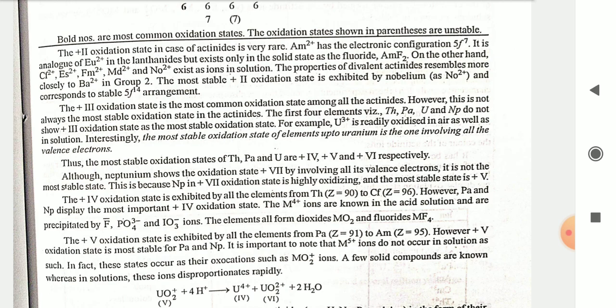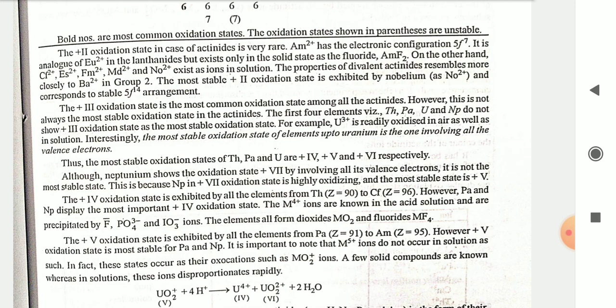For example, U3+ is readily oxidized in air as well as in solution. Interestingly, the most stable oxidation state of elements up to uranium is the one involving all the valence electrons. Thus, the most stable oxidation states of Th, Pa, and U are +4, +5, +6 respectively.